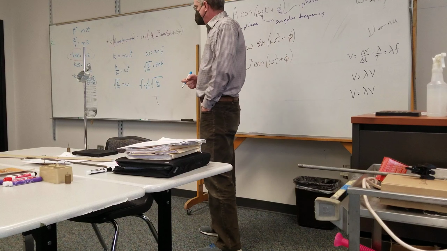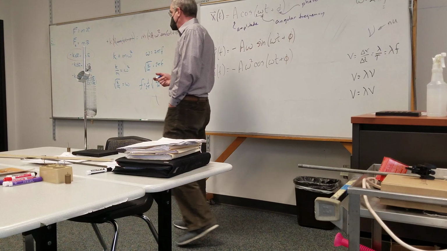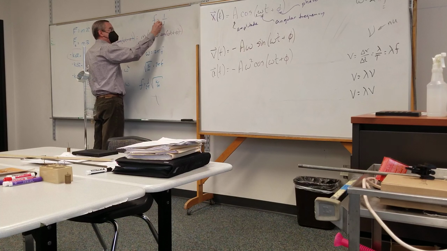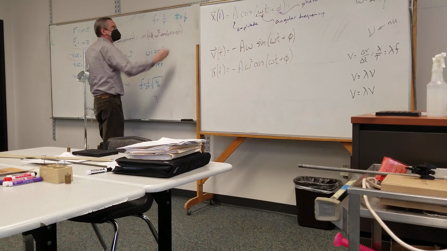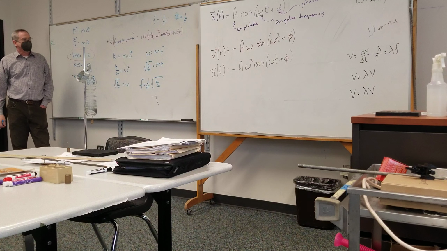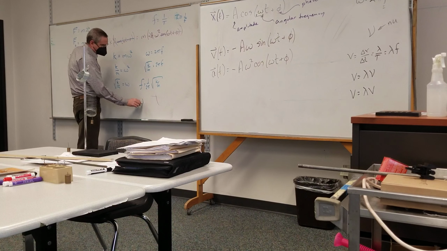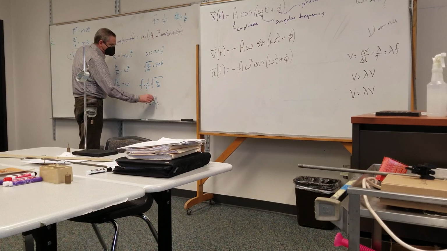Or if I flip that over, I can figure out how many seconds there are per cycle, which is just the period. So frequency is just the reciprocal of the period. Whichever one you like. So the period is equal to 2 pi times the square root of m over k.